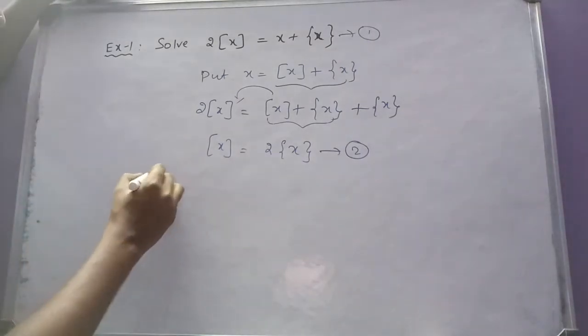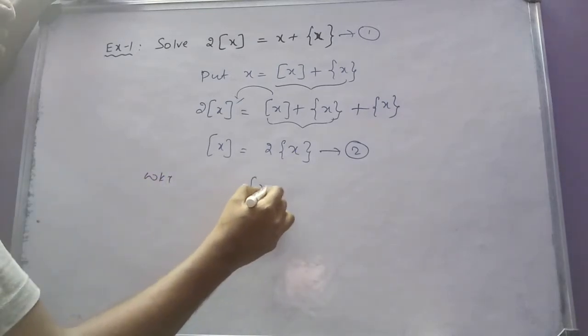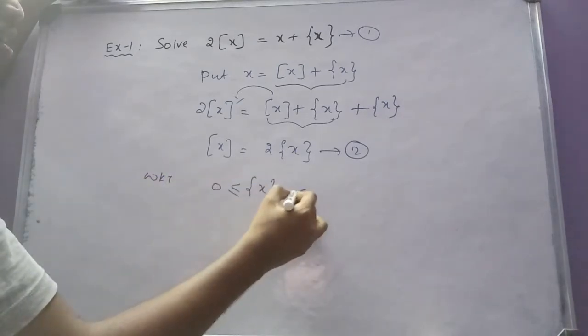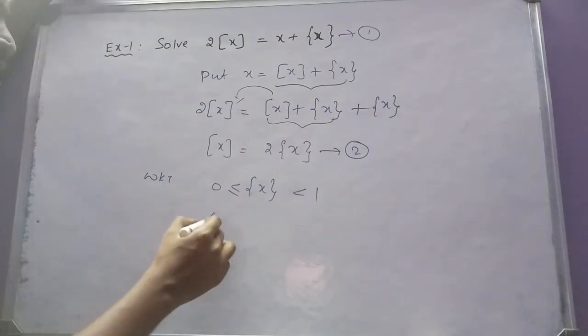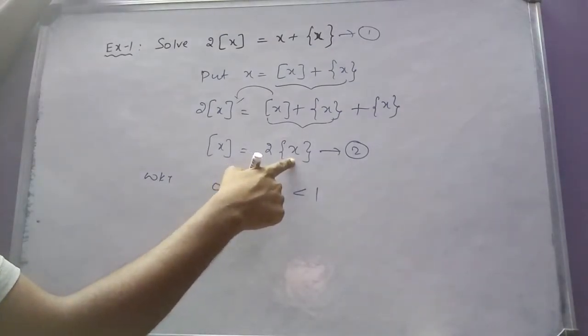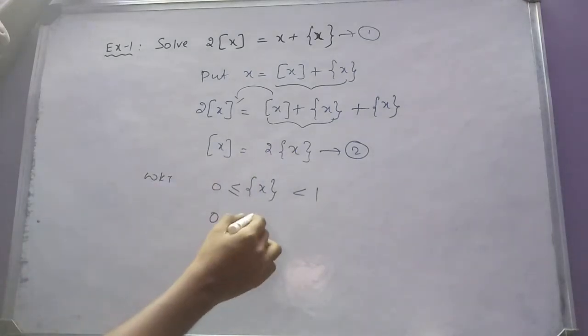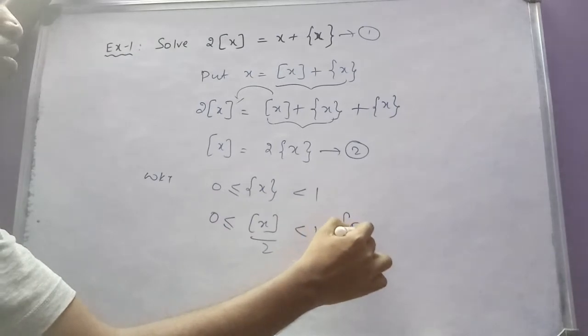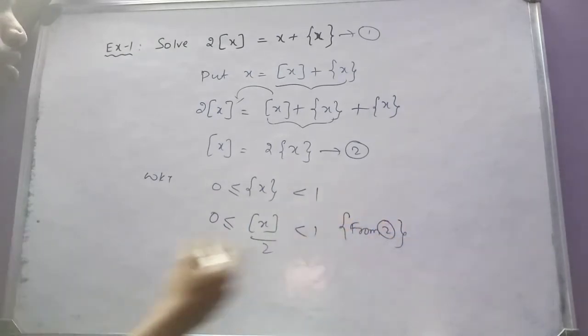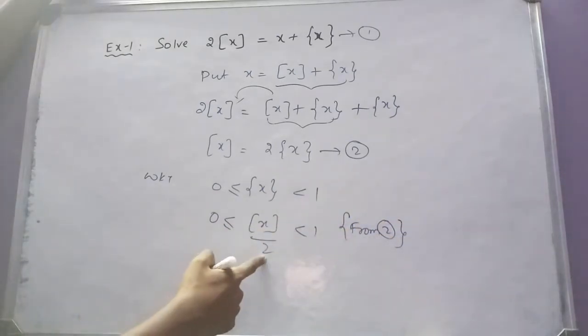So we know that fractional part of x is greater than or equal to 0 but less than 1. So from equation 2, fractional part of x is equal to floor of x by 2, correct? Fractional part of x is floor of x by 2 from equation 2. So multiply with 2 on both sides to eliminate this 2.